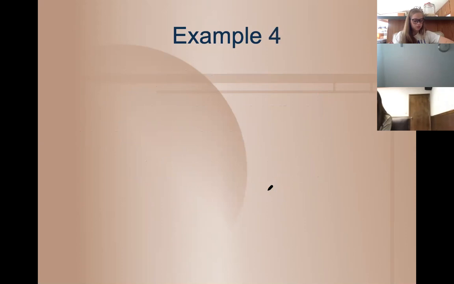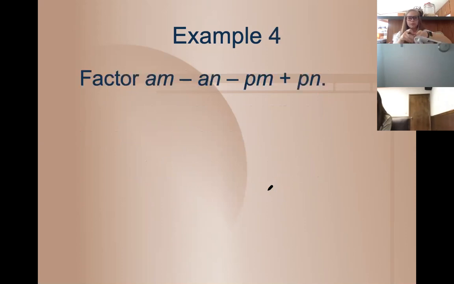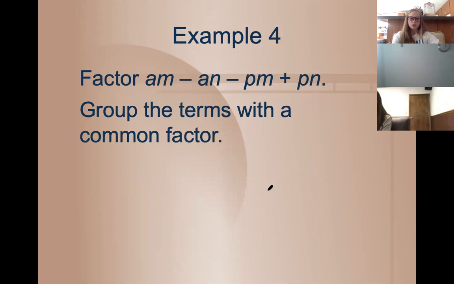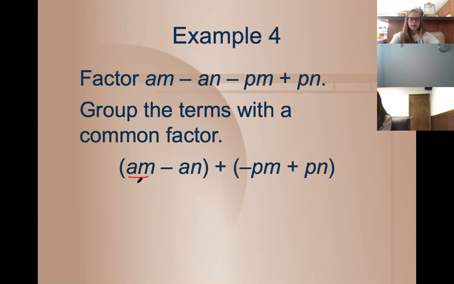All right, let's do one more. am minus pn minus pn... Same thing here. Group together common factors. am and an both have a common factor of a, so I can pull out an a there, plus a negative pn plus pn.